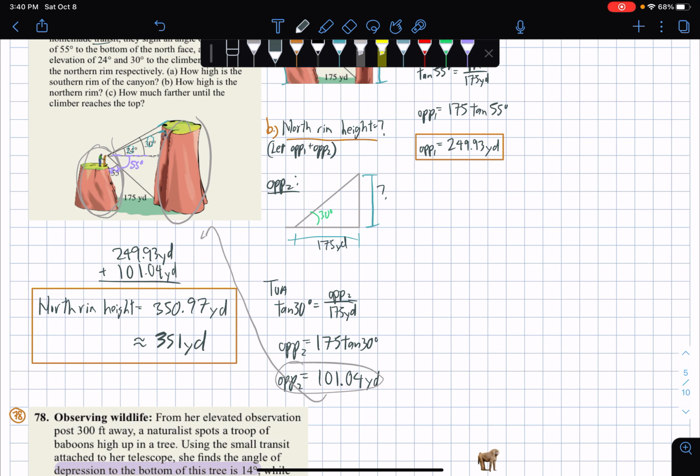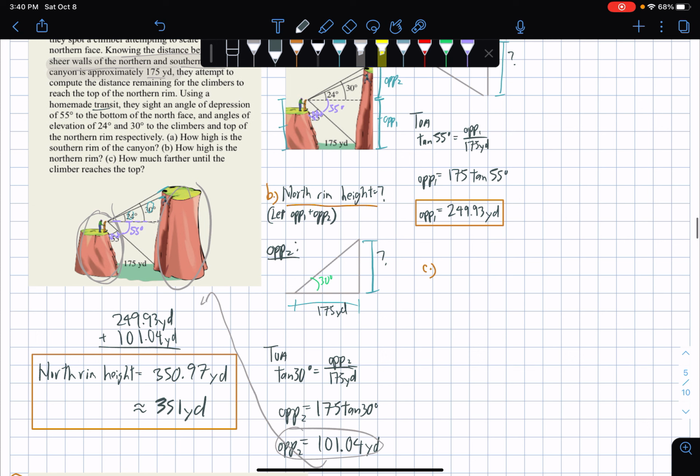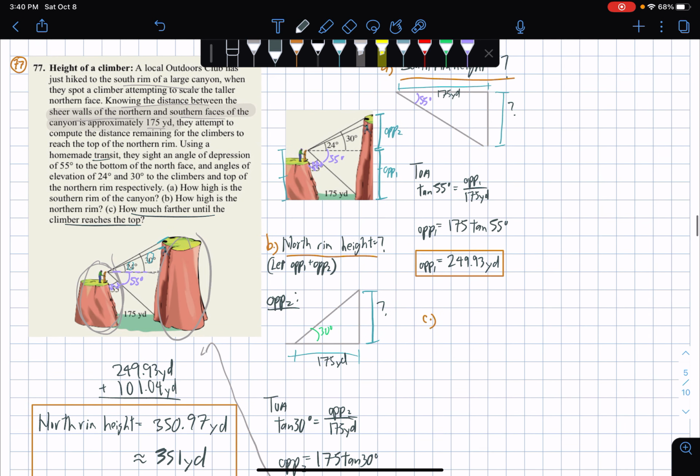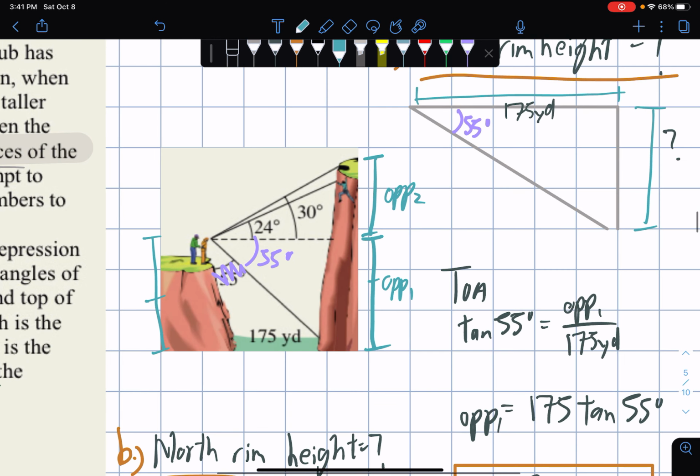Okay, let's solve for letter C. How much farther until the climber reaches the top? This question is pretty specific. There has to be a reason why we have the 24 degrees angle of elevation. What we're looking for is this distance specifically, this one over here.